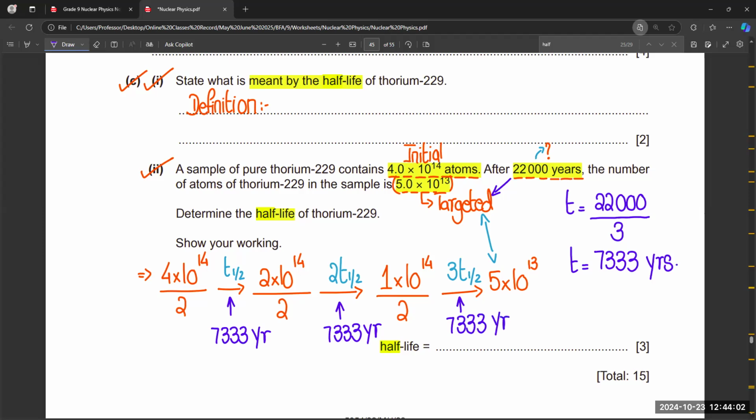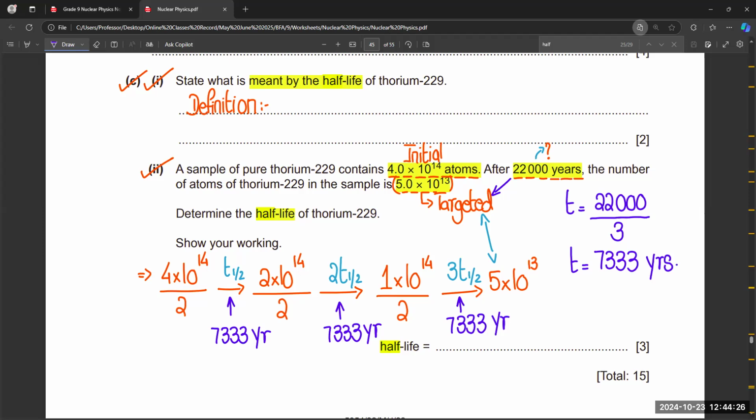So this 7333 is your answer. Because after every 7333 years, the initial value is going to be decreased to half the value. Then again in the next 7333 years, you will get another half value. Then again in 7333 years, you will get the next half value. And this cycle will continue.